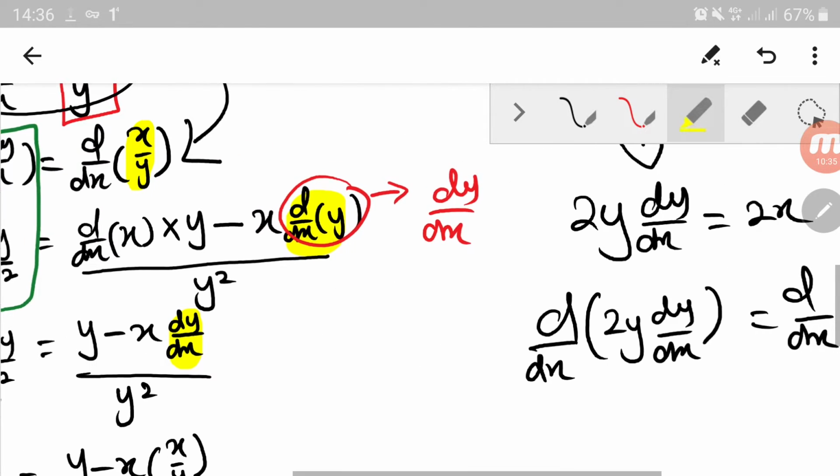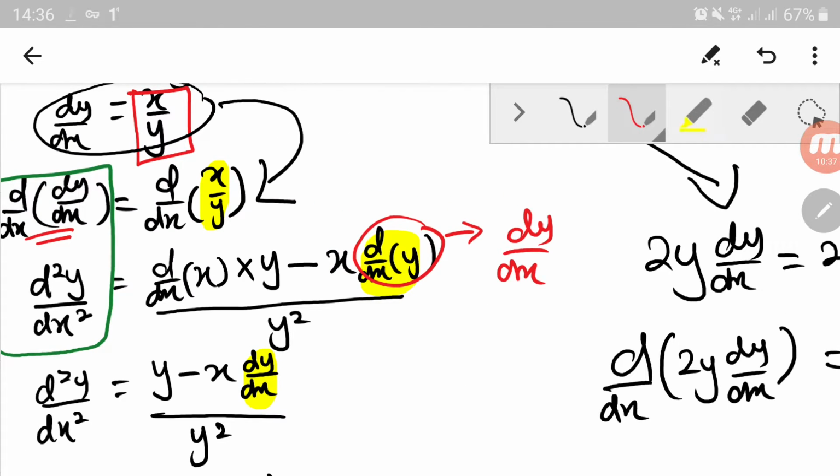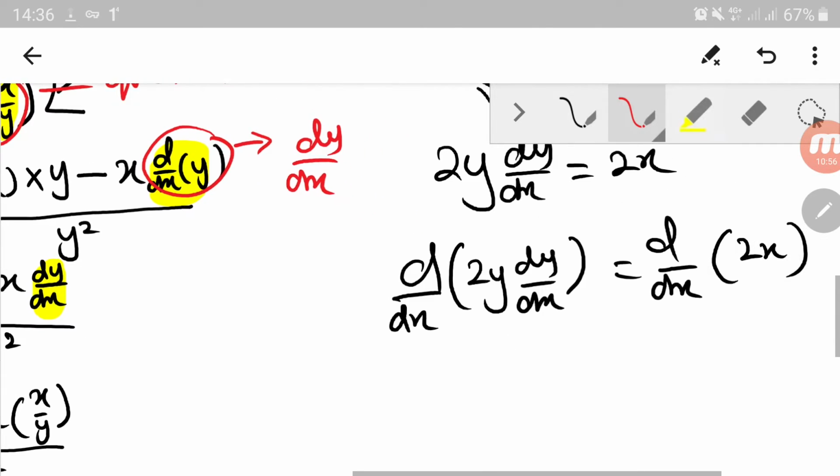Just now, as you can see here, we have to use the quotient rule. Some students might be easily intimidated by it and feel scared. Okay, you are very scared when you see this quotient rule, right?